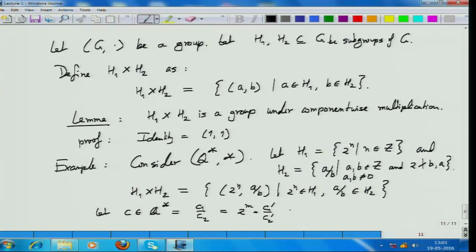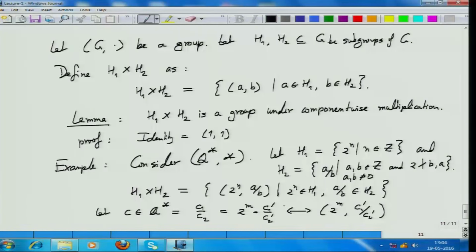So this is in one-to-one correspondence with the pair 2 to the m comma C1 prime by C2 prime. See, this view allows us to transform a given element of Q star to the corresponding element of H1 cross H2 and vice versa.